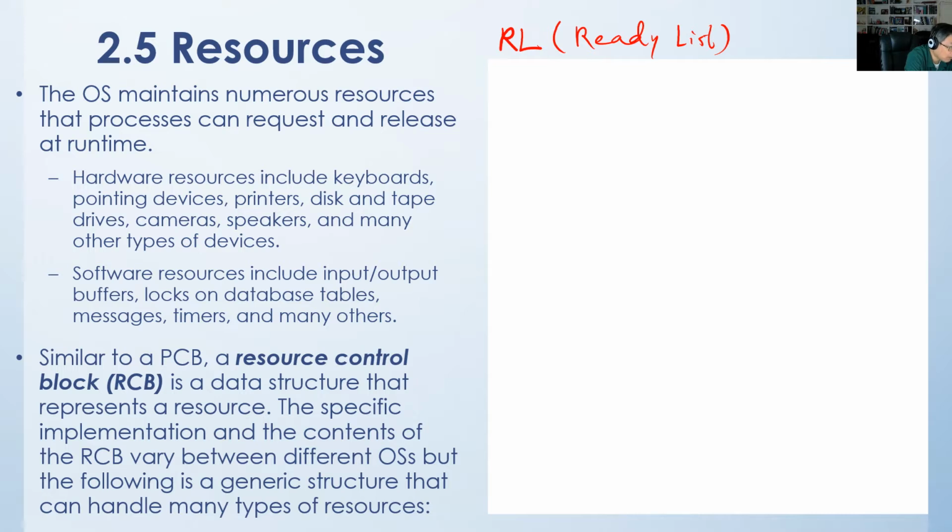Remember that the hardware resources include keyboards, pointing devices, printers, disks, tape devices, cameras, speakers, and many other types of devices. The hardware resources also include memory, the graphics card, and also the CPU, if you wish.